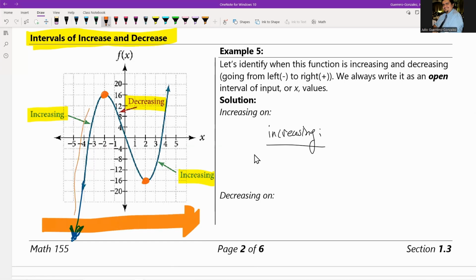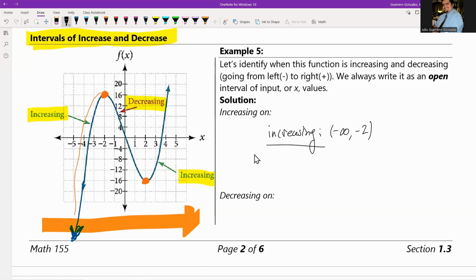in this piece right here, we are climbing, okay? So we are climbing everywhere from negative infinity to -2. From -2 to about +2, we are decreasing. So that one's not counted in this one because we're only strictly talking about increasing, okay?